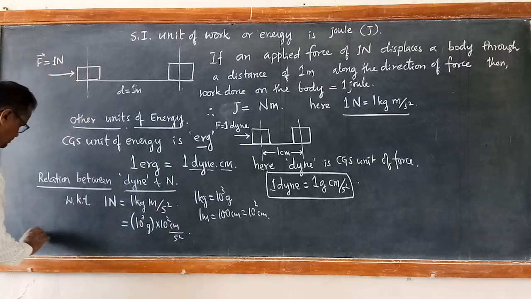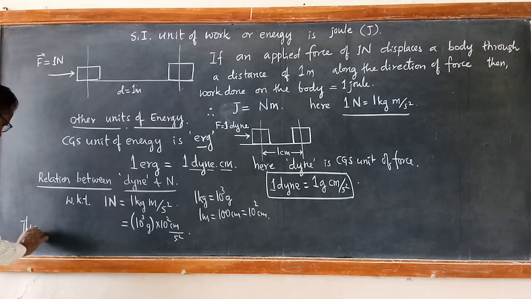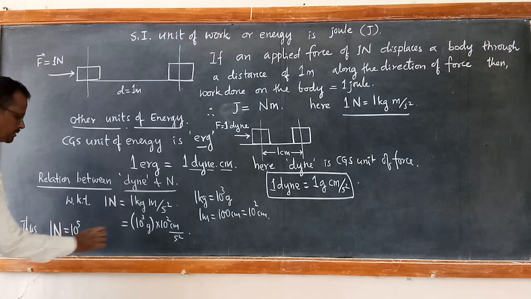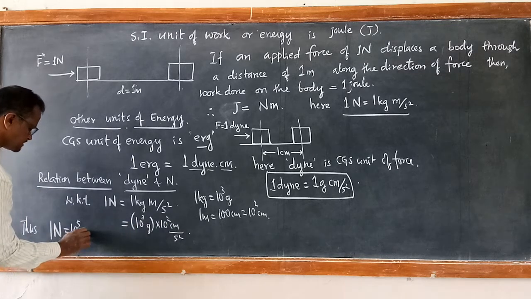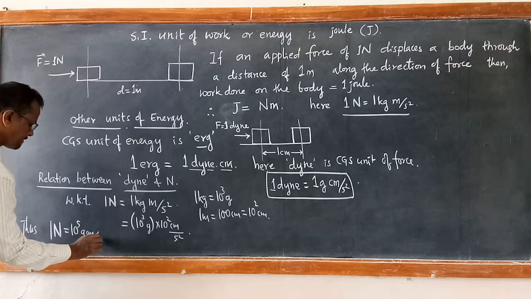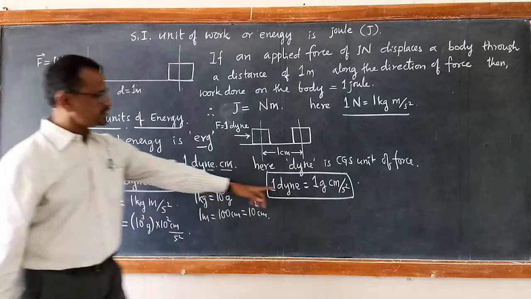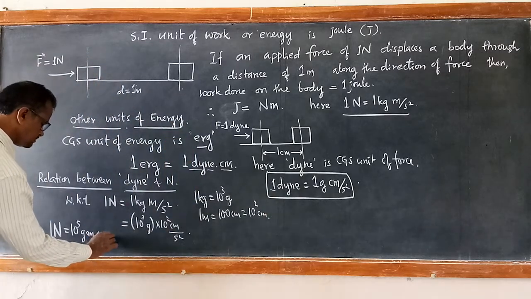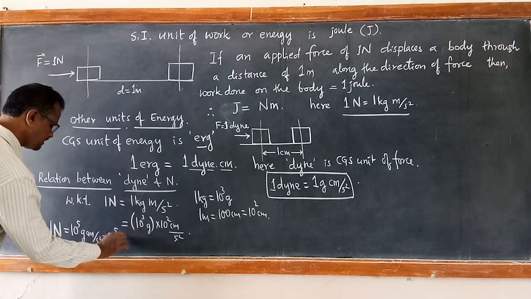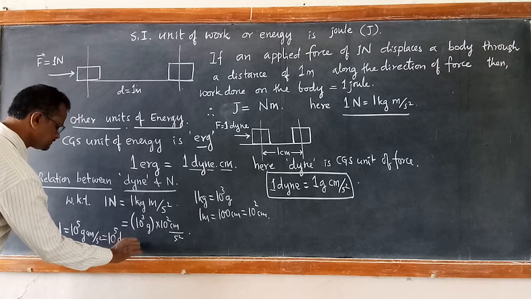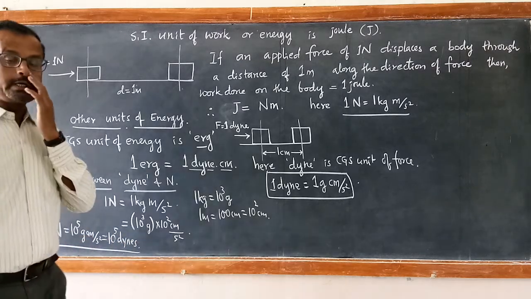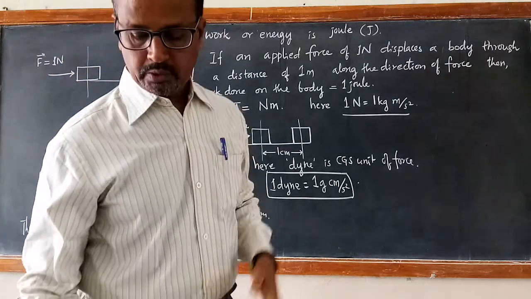Thus, 1 Newton is equal to 10 raised to 5 gram centimeter per second square. What is 1 gram centimeter per second square? Dyne. Therefore, 10 raised to 5 dynes is equal to 1 Newton.